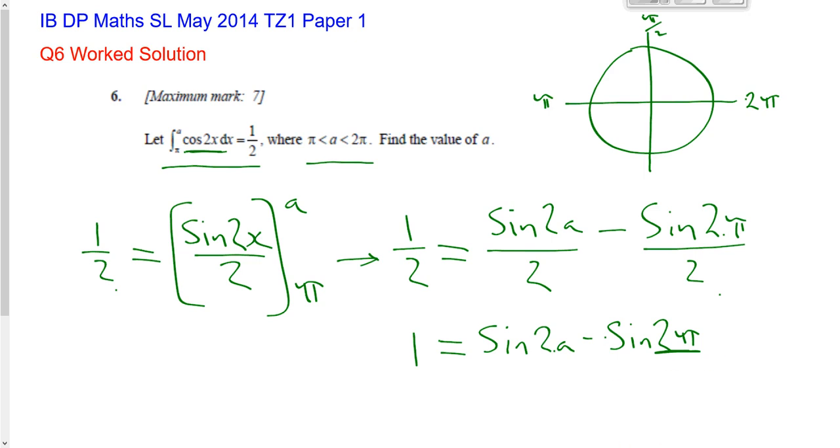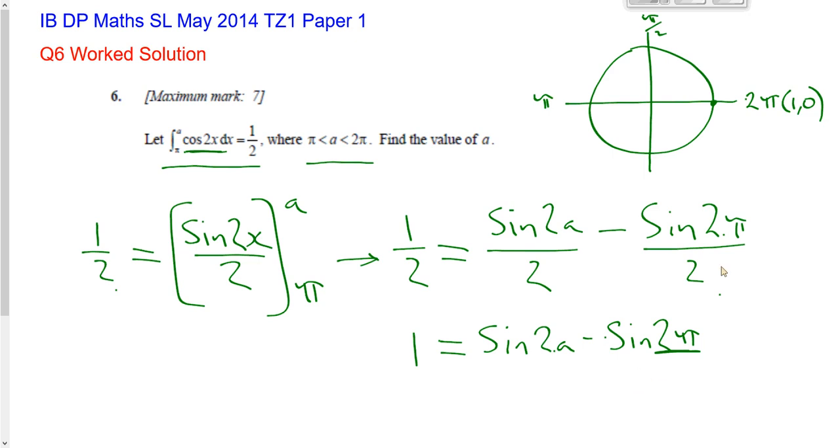Now the sine of any angle is just the y-coordinate on the unit circle, 1 unit away from the centre. So if we're talking about the sine of 2 pi, the coordinate of that position there is (1, 0). So I can see the y component is equal to 0.